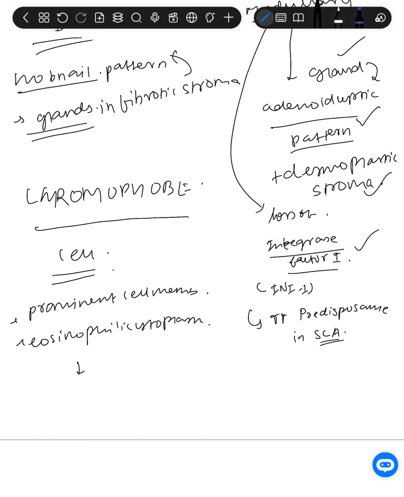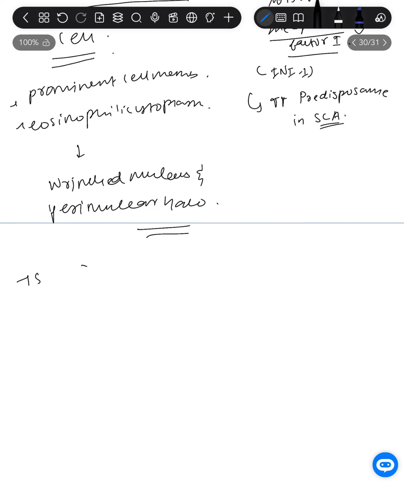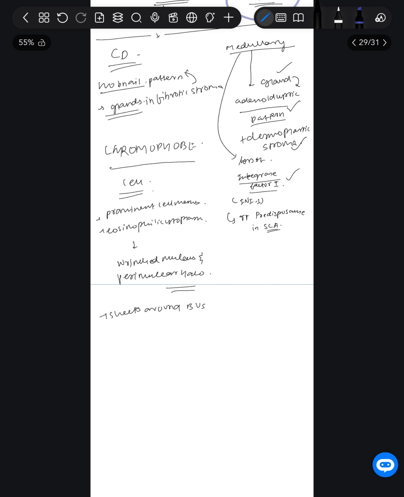Then they have a wrinkled nucleus and a perinuclear halo. And these are arranged in sheets around blood vessels. I'll draw this for you so that you can remember.